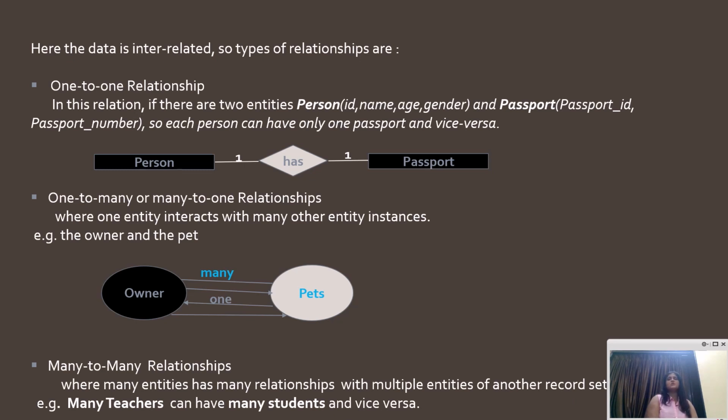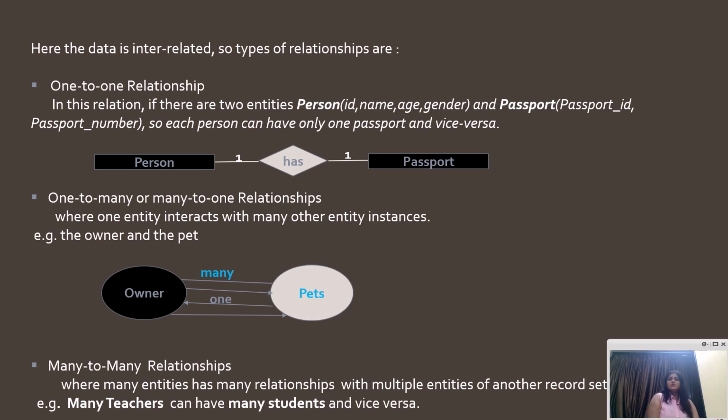Person ID is related to passport ID and passport ID is related to person. Here we cannot say that a person can have so many passports. So here there is only a one-to-one relationship. A person has one passport and a passport has one person.